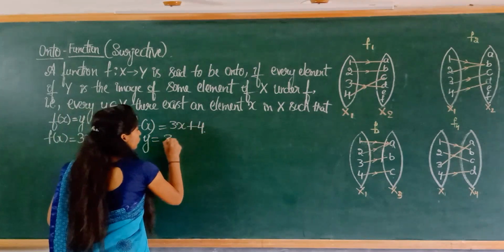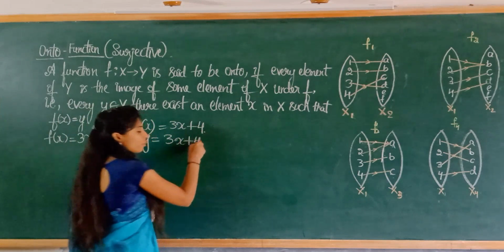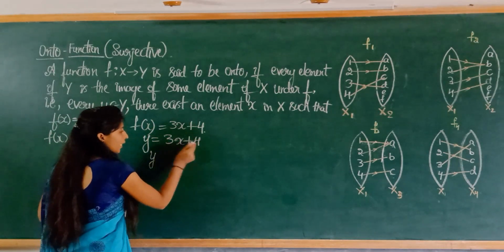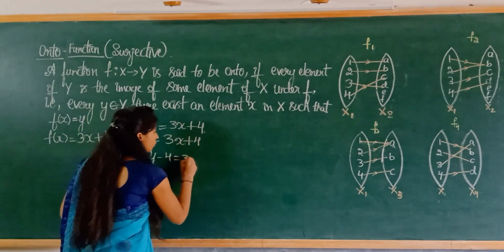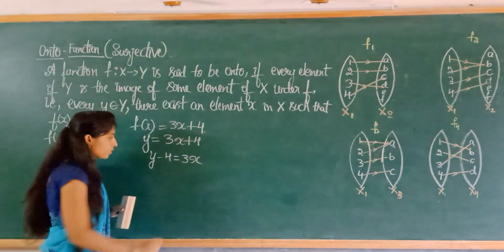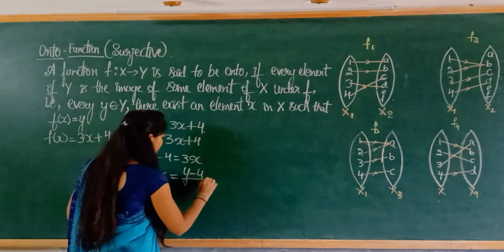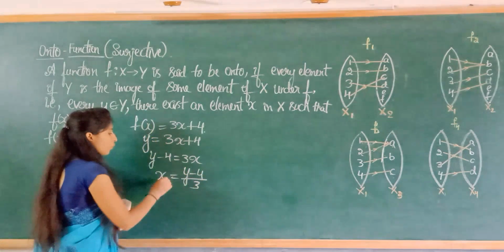Y is equal to 3x plus 4. Now we have to find the value of x here. So y minus 4 is equal to 3x. The value of x is then y minus 4 by 3. We have got the value of x.